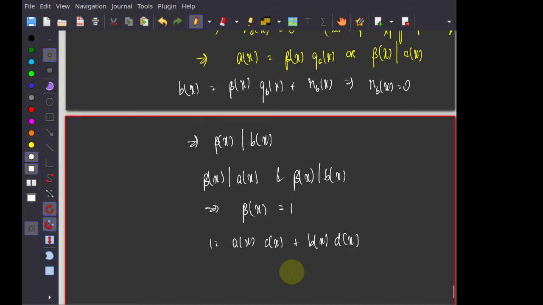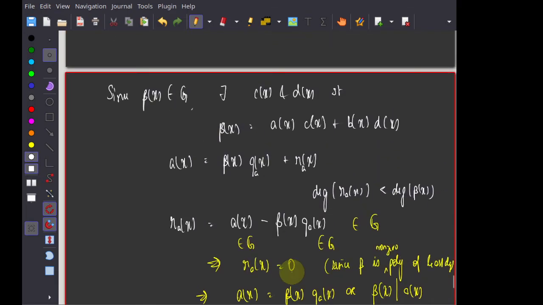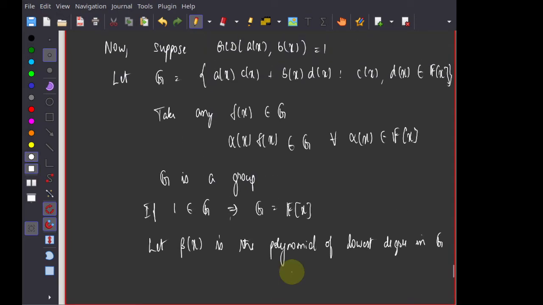I have not used it anywhere else. It's just a statement that I was trying. So I have proved that 1 is in G of x. As a consequence, G is equal to F of x. That's just a property. I have not used it particularly anywhere over here. Exactly.